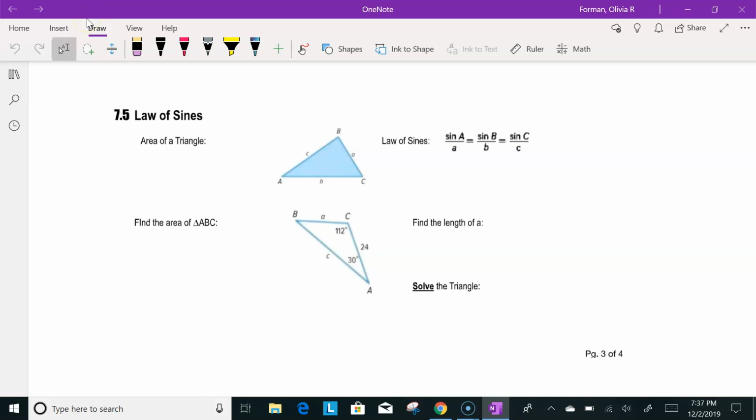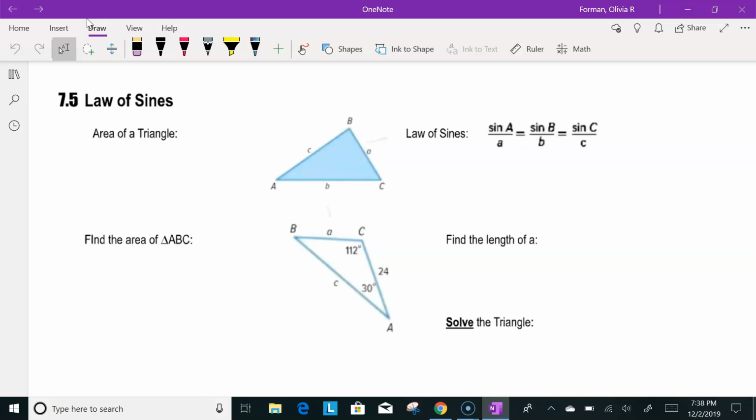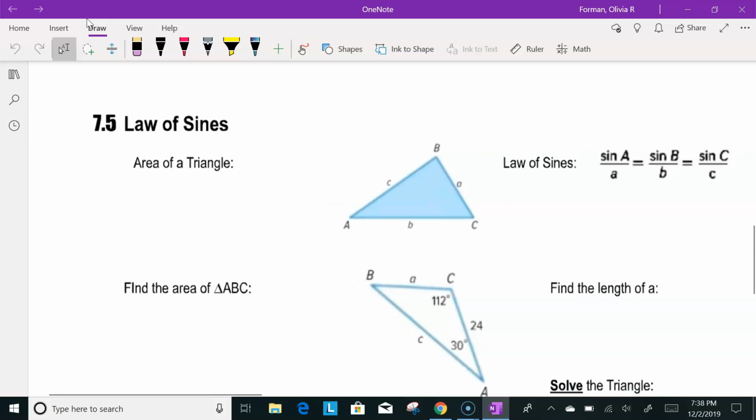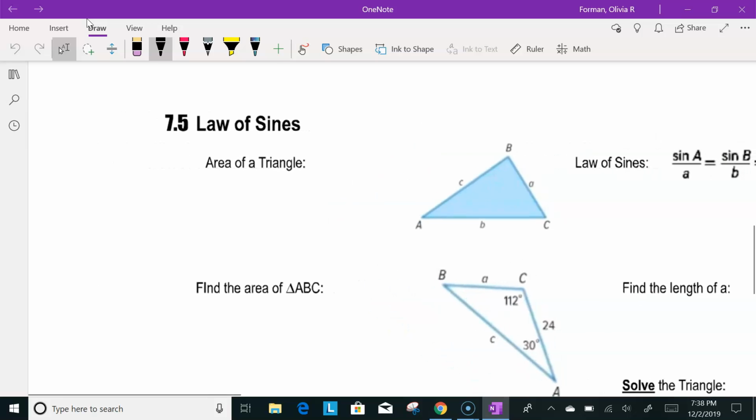So the law of sines, the first thing is that if you have a triangle ABC, as you see right here. We're going to use the same diagram for both the area of a triangle and the law of sines. So I'm just going to draw another one off to the side. You may not have room to do this, so I would just look at what I'm doing.